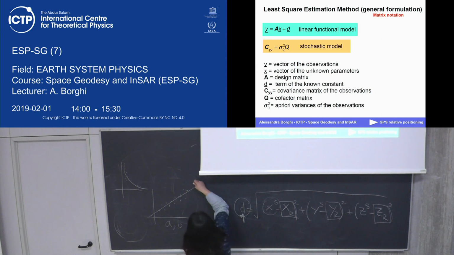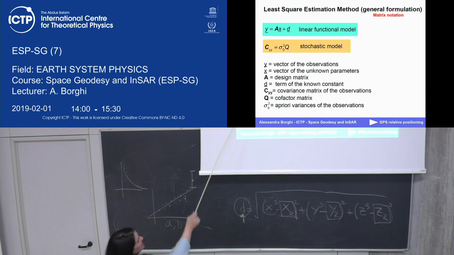If you have data with a big error bar and data with a smaller error bar, I want my fit to follow the measures with the smaller error. So it is important to know the stochastic model, because the uncertainty of the data is important for our estimate.